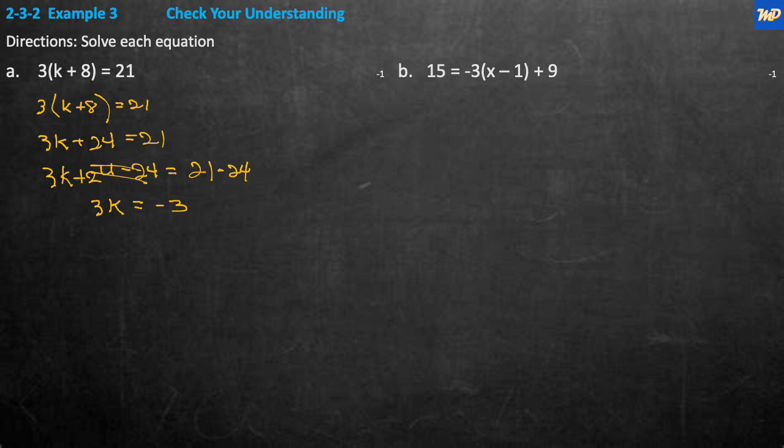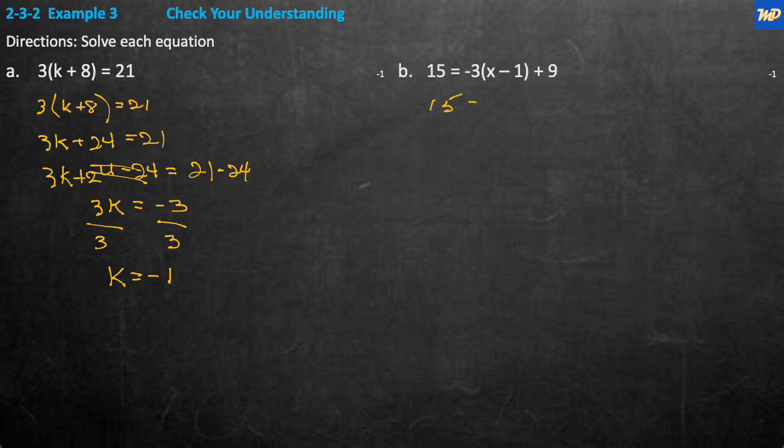What's the rule? Take the larger and subtract the smaller, and you'll get 3, and then take the sign of the larger number, which is negative 3. Now we're going to divide both sides by 3 to get the k by itself. So we're going to divide by 3 on this side and 3 on this side. And when we do that, we get k equals negative 1, because it's negative 3 divided by 3. How about the other one?